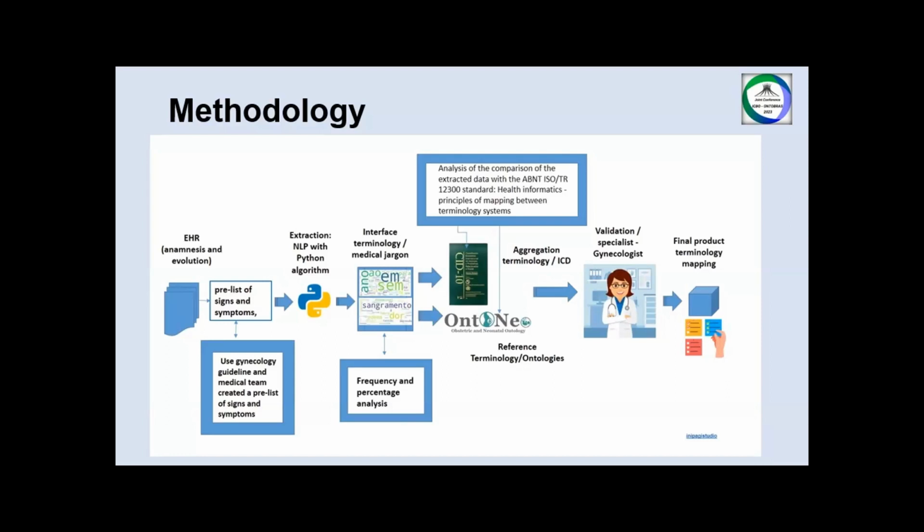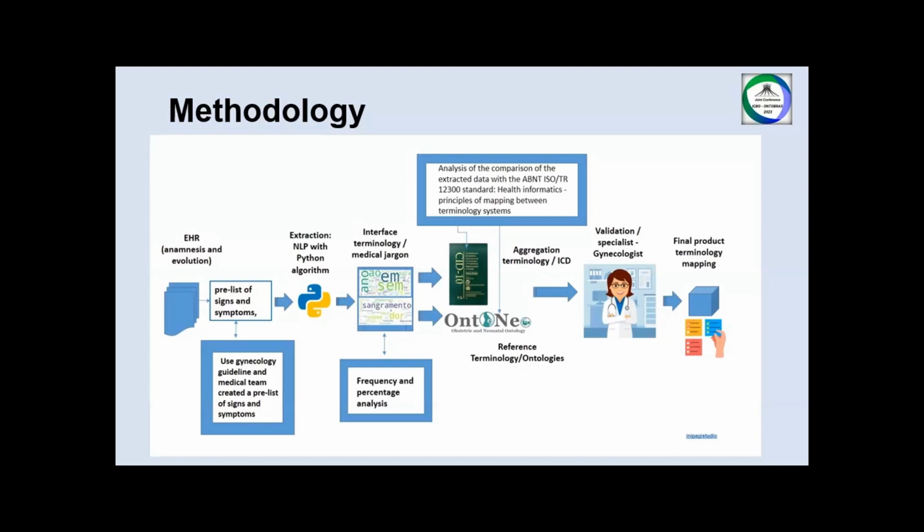Then we apply natural language processing with Python. Then we analyze these structured terms, looking at the frequency and percentage of terms. And then we try to map to ICD-10 and Ontonian. To do this mapping, it was important to use a norm called ABNT.